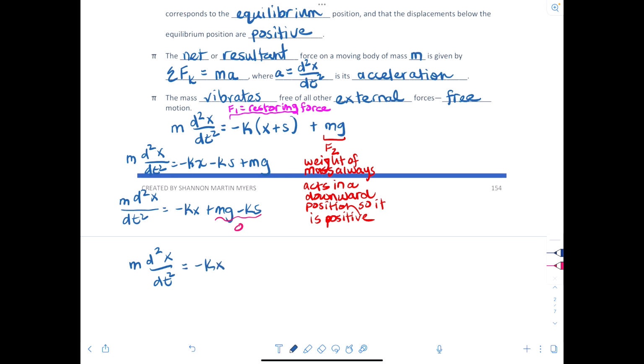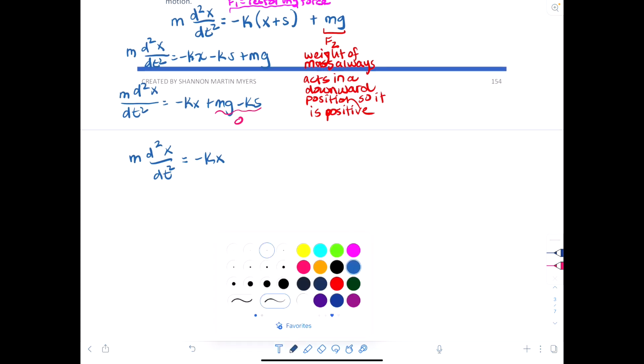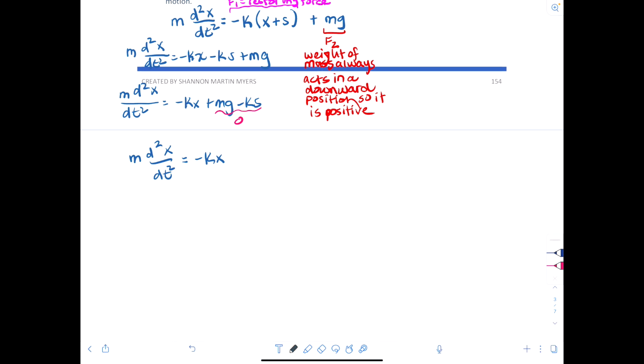Groovy? Okay, so now let's just take a look at what we're dealing with. I'm not an artist, warning you of that ahead of time. So you've got this rigid deal here that's holding the spring. And I'm going to give you 3 pictures. We're going to look at the spring at different amounts of stretch or elongation.